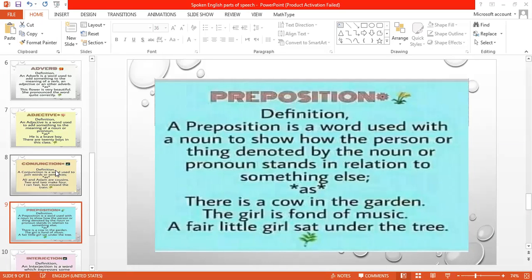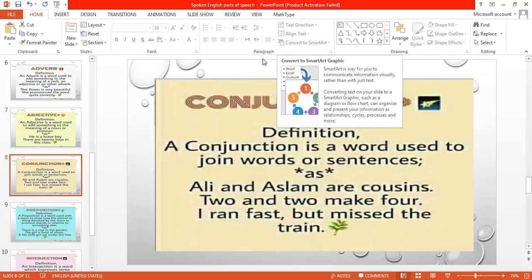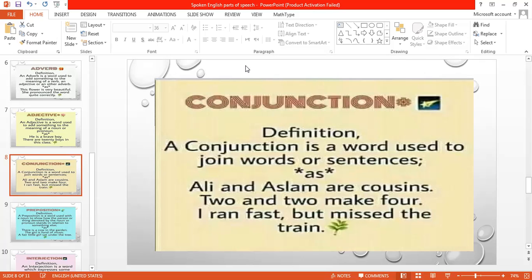After conjunction, we were discussing conjunction. Conjunctions are the words that we use when we join words, phrases, and strings of words. Conjunctions are the joining words. For example, Ali and Aslam are cousins.